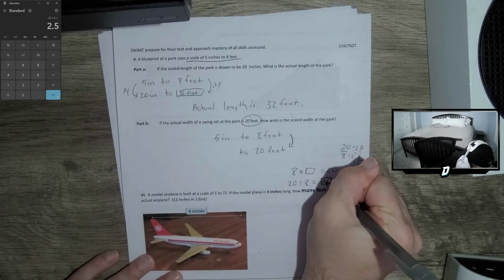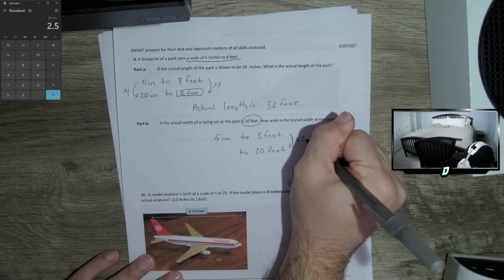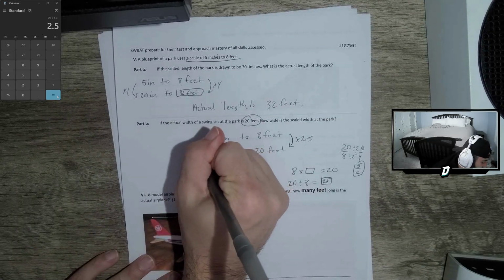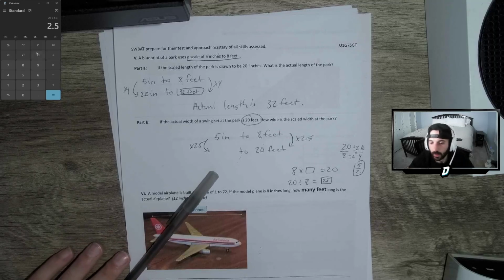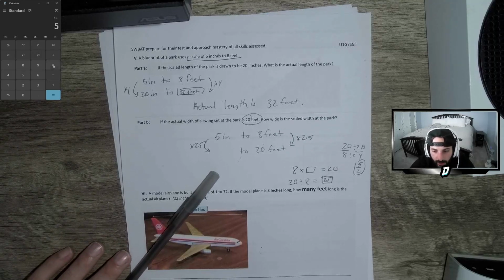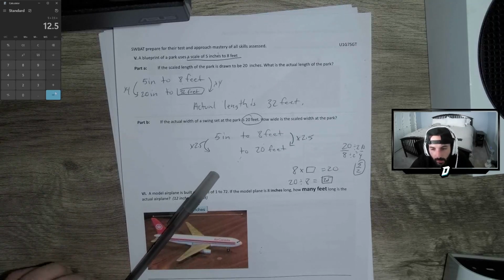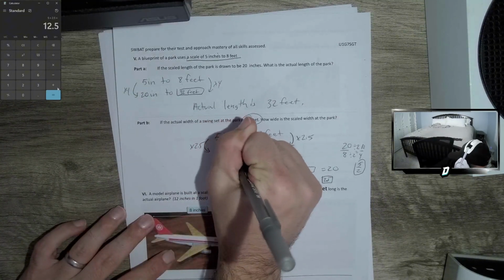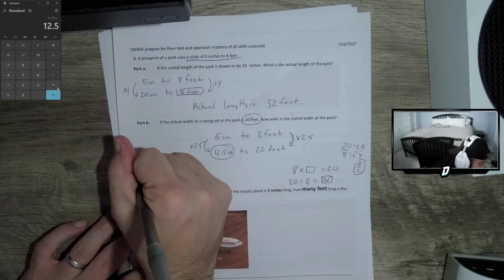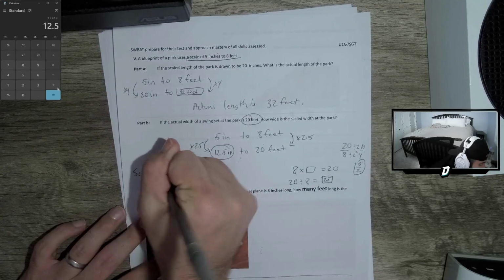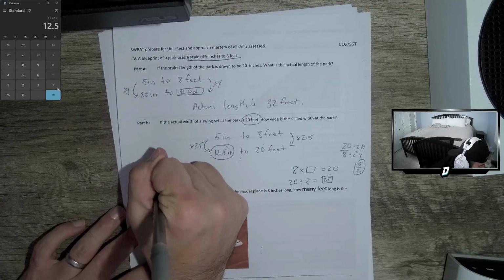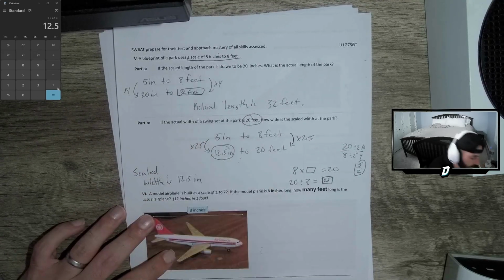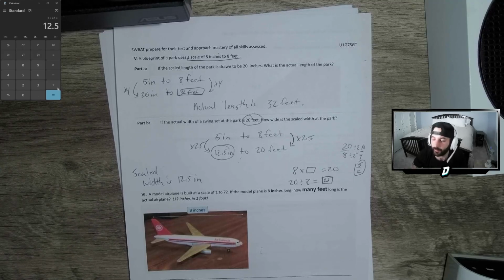And so what this means is we multiplied 8 by 2.5, and whatever we do to the right, we do to the left. And 5 times 2.5 ends up giving us 12 and 5/10 inches. So we would say the scaled width is 12 and 5/10 inches. Bam.